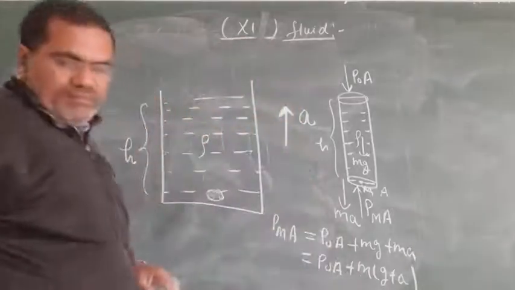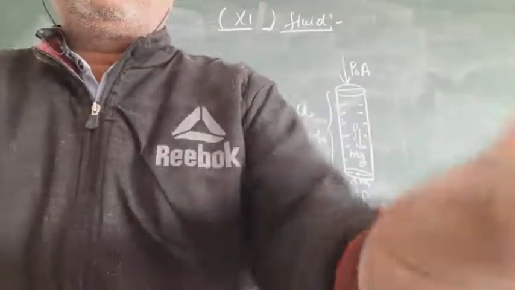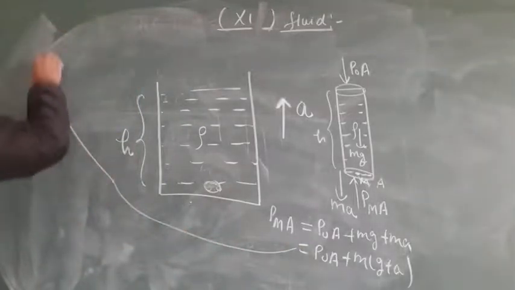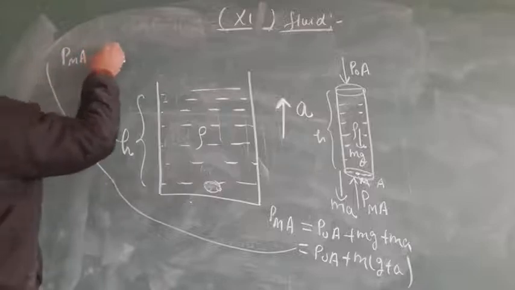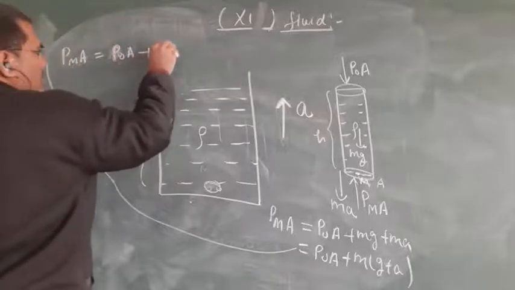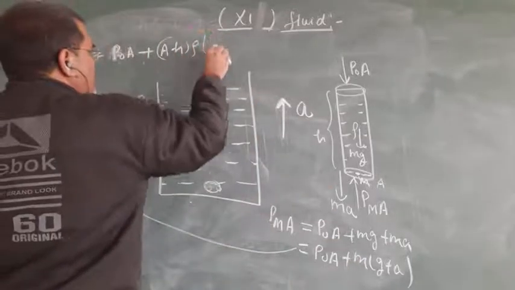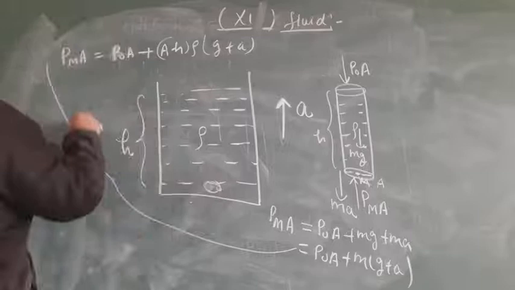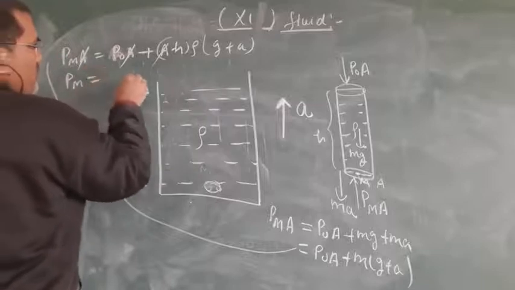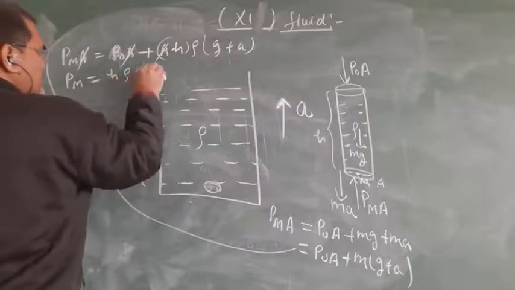What is m here? m is the mass, equal to volume into density, so m equals A h rho. So P_m A equals P naught A plus A h rho (g plus a). A cancels out, so P_m equals P naught plus h rho (g plus a).